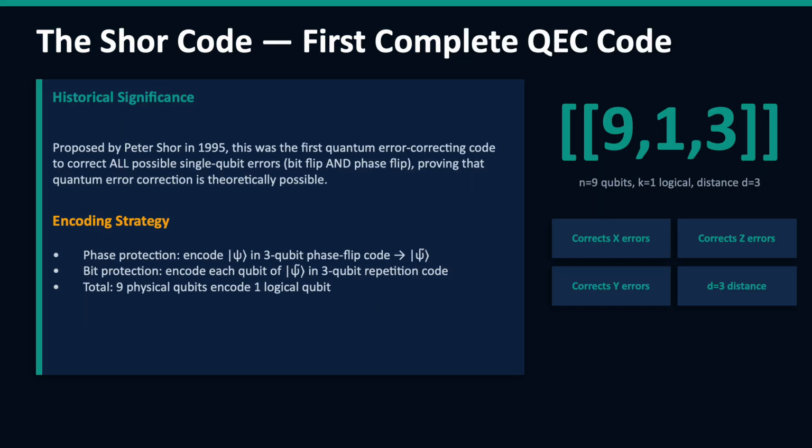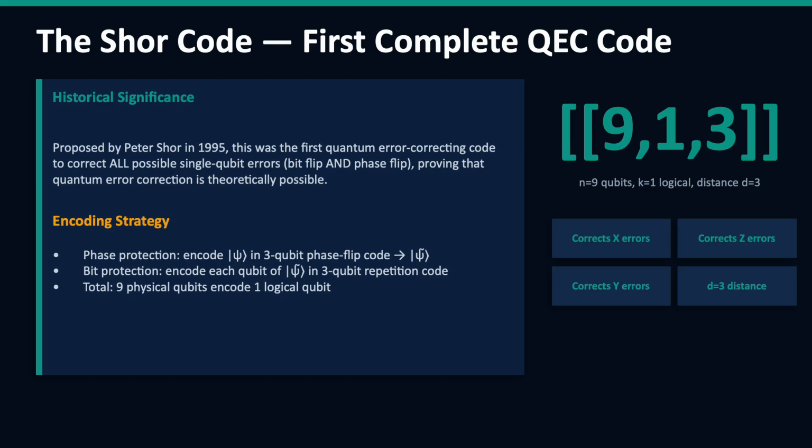The Shor code, proposed by mathematician and computer scientist Peter Shor in 1995, holds a special place in the history of quantum computing because it was the first proof that quantum error correction was genuinely possible. Before Shor, many physicists believed that decoherence would be an insurmountable barrier to practical quantum computation.